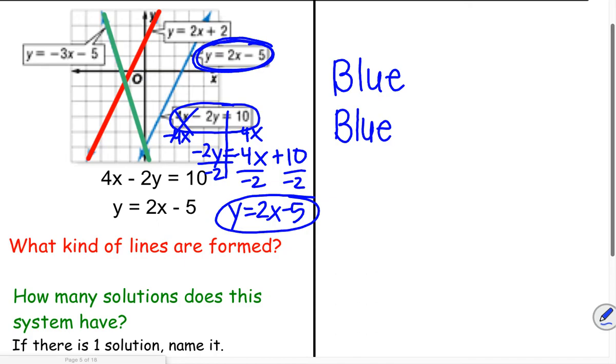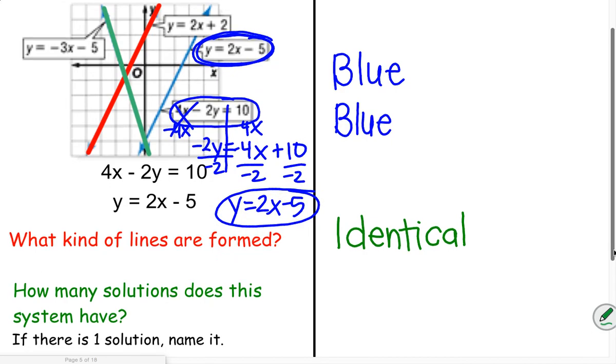So even though we had one equation in slope-intercept form and one in standard form pointing to the same line, they're the exact same equation, just two different forms. So that's why they both go to the same line. So if two equations fall on the same line, the equations are the same, and the lines are called identical. Both equations make the same line.